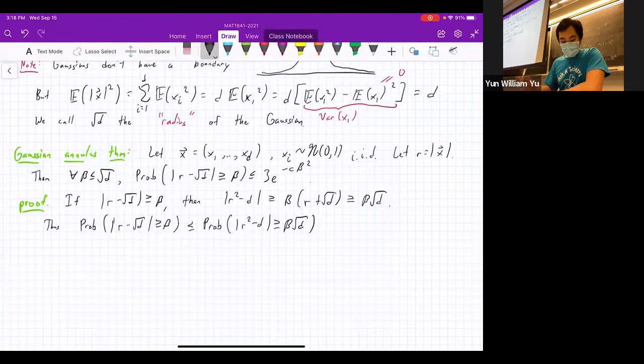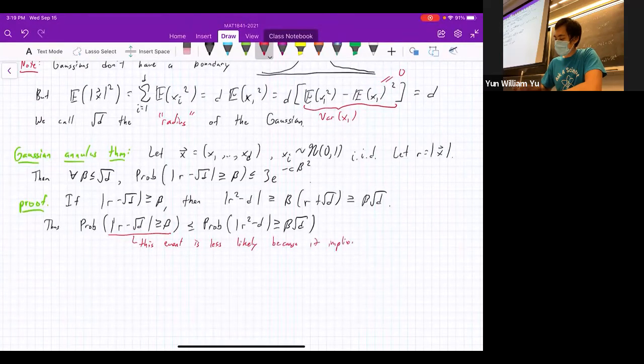Let me write that down just so we're all on the same page. This event is less likely because it implies the other event. Okay, so now we can just play with this event instead.